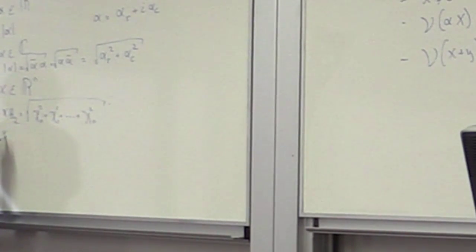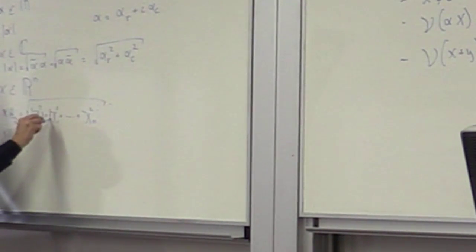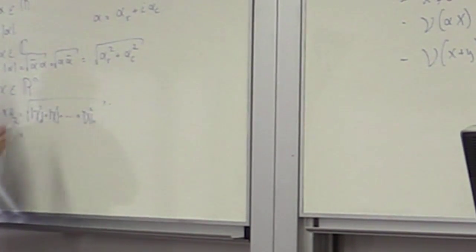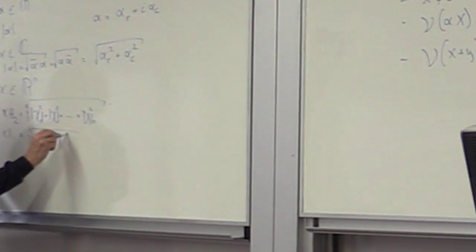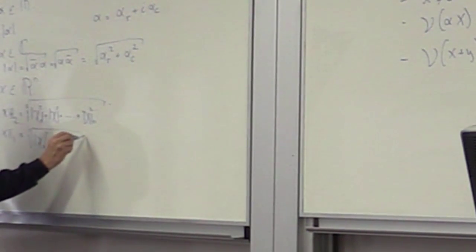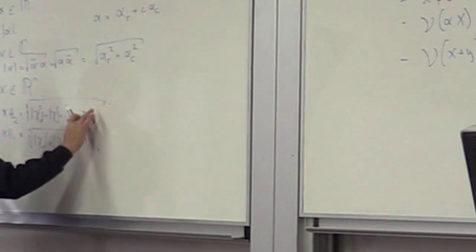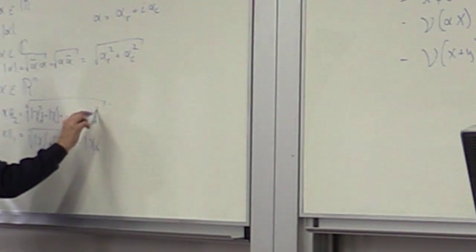So there's also something called the 1 norm. You can think of this as the 1-root norm: chi 0 to the first power in absolute value plus chi 1 to the first power in absolute value, and so on, with the whole thing raised to the power 1 over 1.